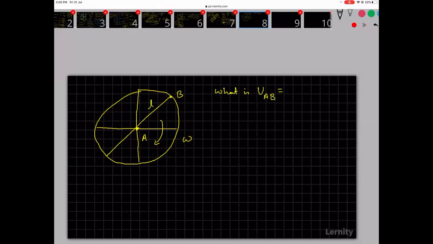This distance is length. It is rotating with an angular velocity omega. They had actually put 4 like this, so there are 1, 2, 3, 4, 5, 6, 7, 8. They asked what is the potential difference between the center and this point, or center and this point, center and this point.